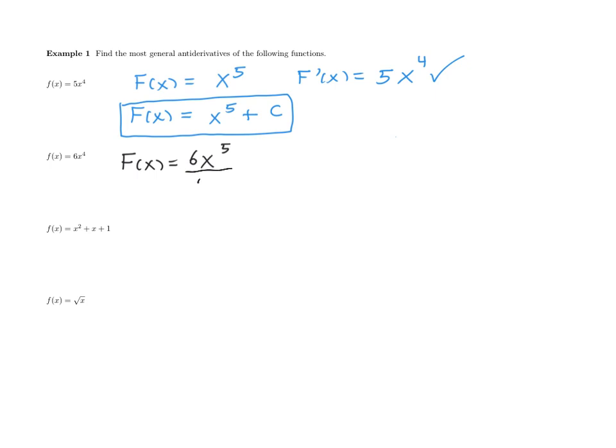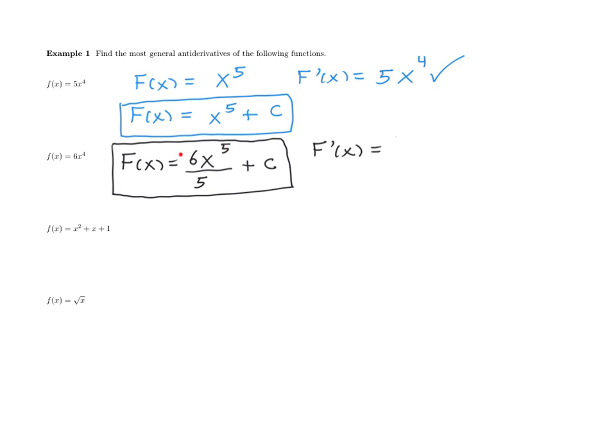We can divide the whole thing by 5. I believe this will work because if you bring down the 5, it'll still cancel with this 5, this 6 will be left over, and we'll have x to the power of fourth. If I put a plus c at the end, this should be the most general antiderivative, but we can also check by taking the derivative.